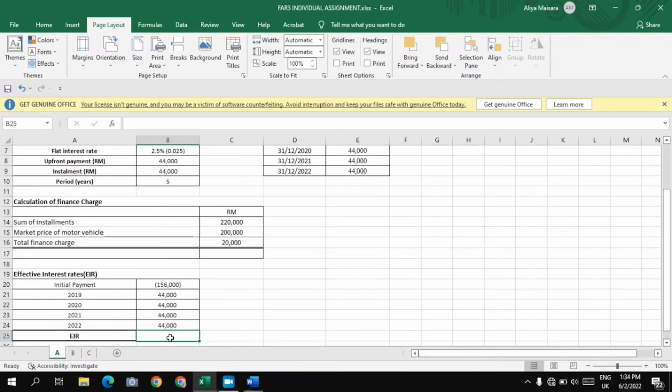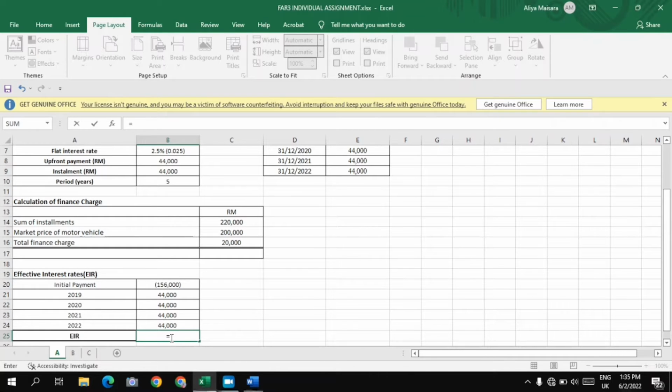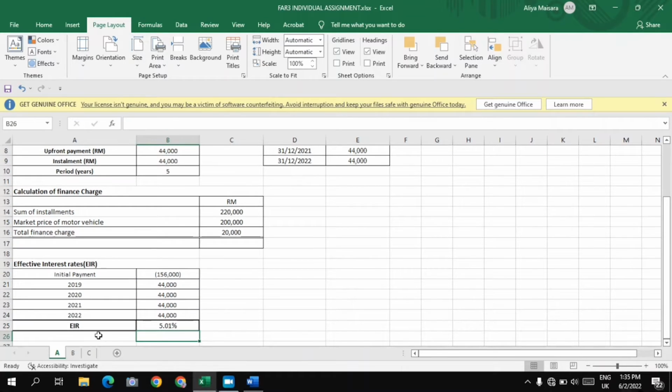To calculate the effective interest rate, we will use the IRR given and take all the figures above, and we will get the effective interest rate of 5.01%.